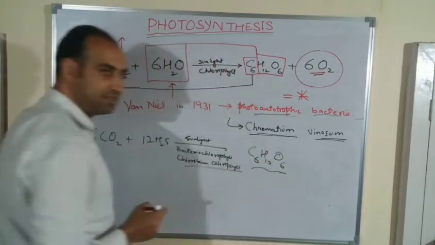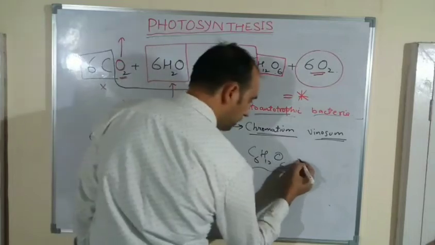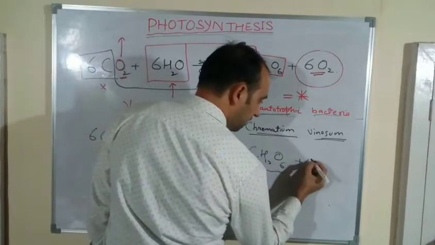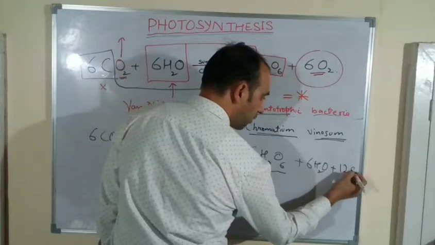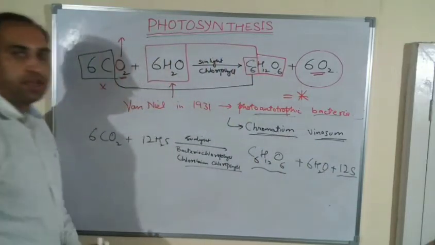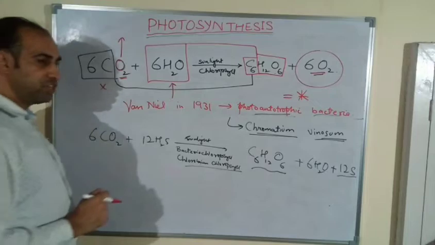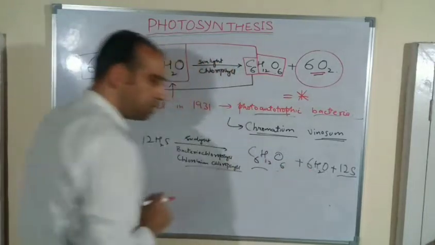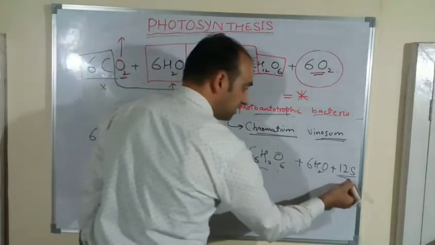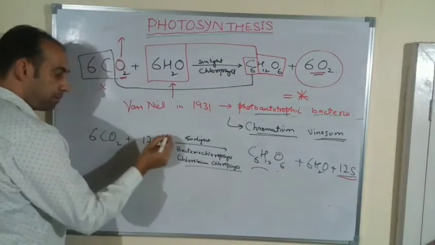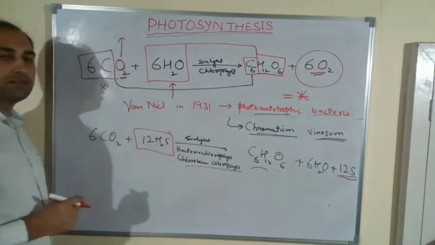They synthesize the sugar molecule, plus they release 6 molecules of water and also a byproduct, that is sulfur. It is clear from van Niel's equation that sulfur is the byproduct. It is released from the breakdown of hydrogen sulfide.